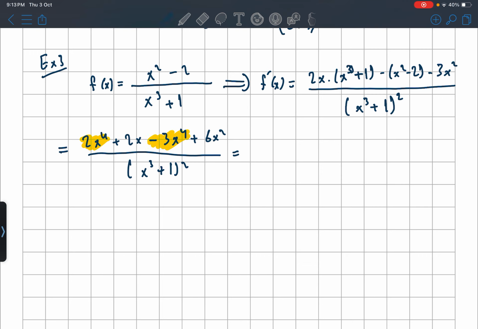So it will be negative x power of 4 plus 6x squared plus 2x over the denominator squared.